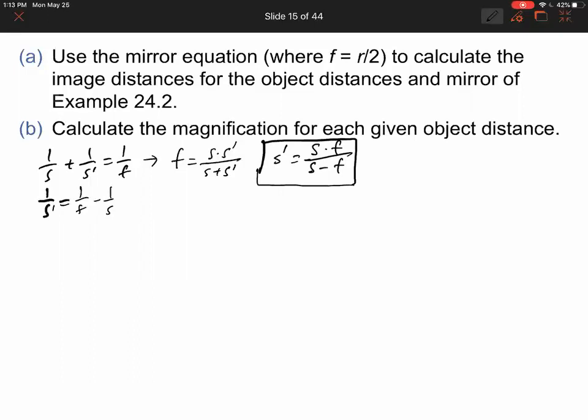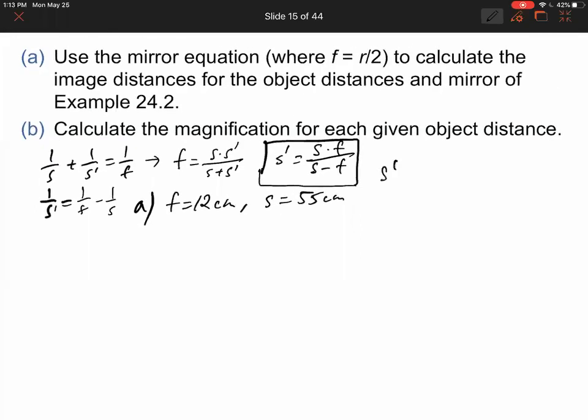For example, for part A, the first case that we looked at, the focal length was 12 centimeters always, right? But s was 55 centimeters. So using this equation, s prime is equal to 55 times 12 over 55 minus 12, and I get 15.4 centimeters, or roughly 15 centimeters for the image.